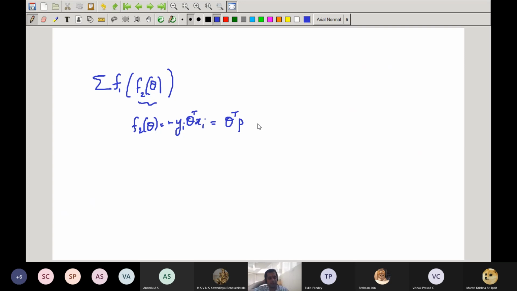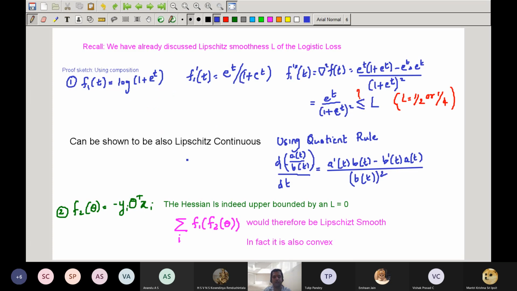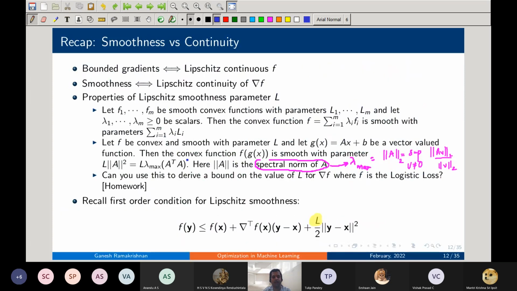Now I told you that the composition of Lipschitz continuous functions is Lipschitz continuous. I in fact proved it. But what is the Lipschitz constant is the query, right? How would you get that? Can we make use of some property like this? Something like a matrix norm.